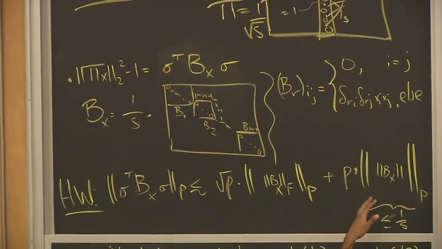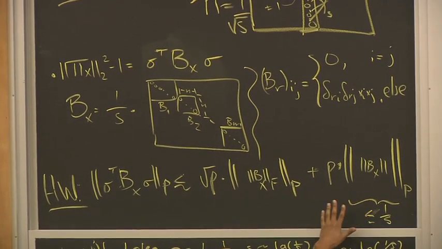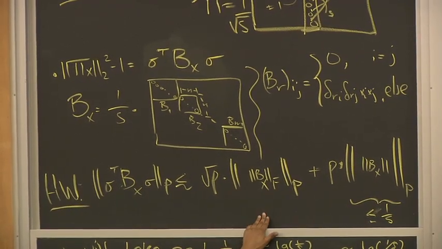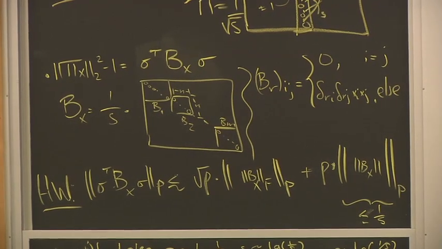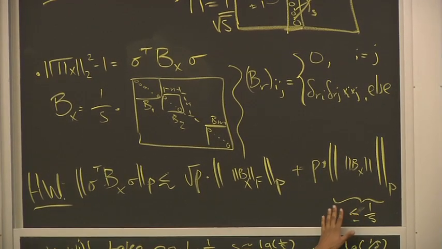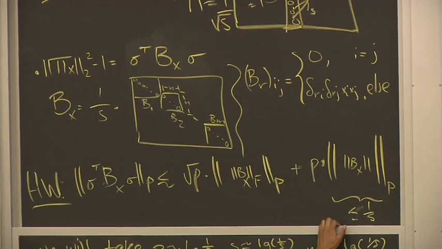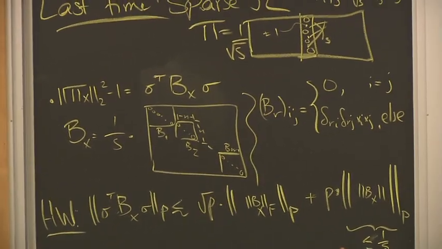But the operator norm and Frobenius norm are random because B is random. It depends on delta. So you have to also take the p norms of those things with respect to delta. What we saw last time was, regardless of what delta is, the operator norm of B is never more than 1 over s. So for that, delta could have been a deterministic thing.